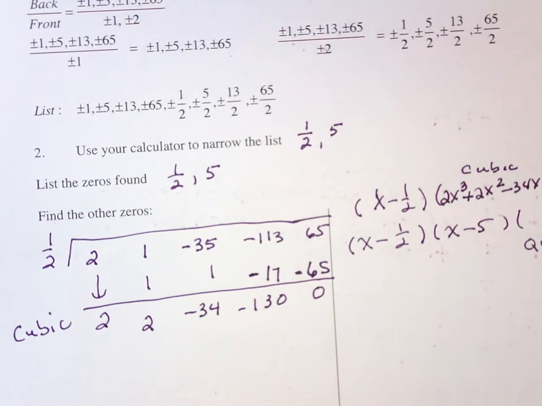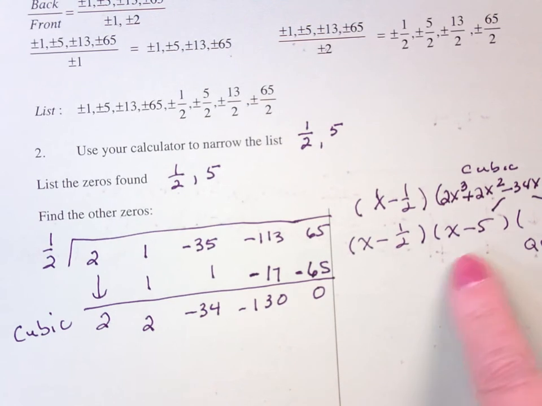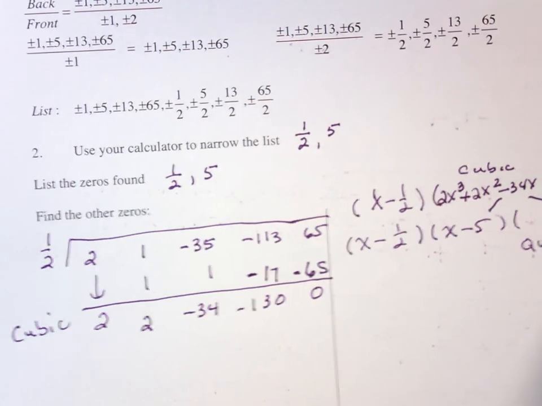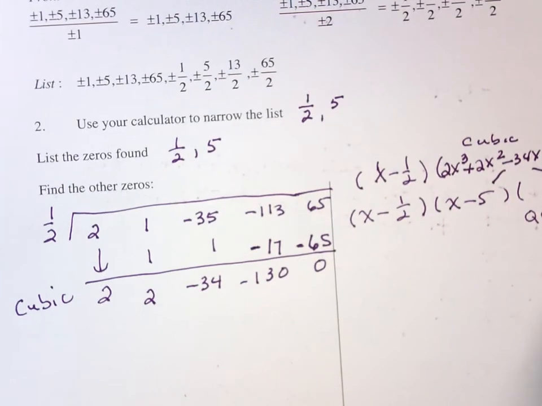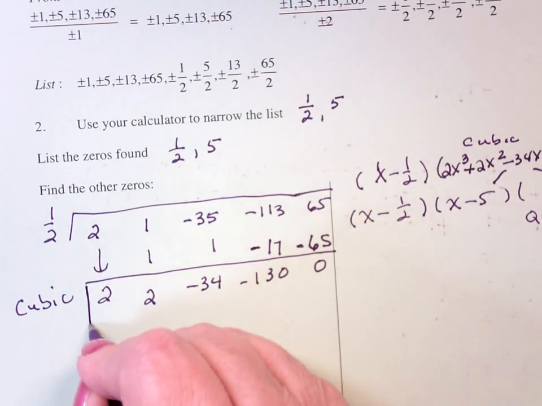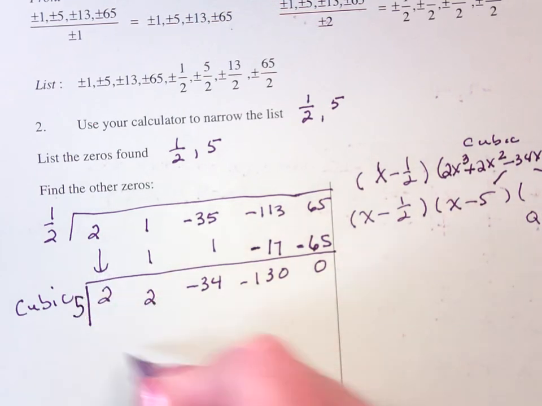That's my cubic. And then I'm going to take the cubic and break it down one more time. So that cubic gets divided by x minus 5, so it's a 5.